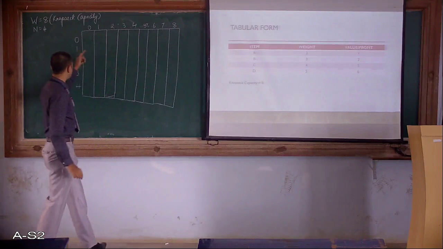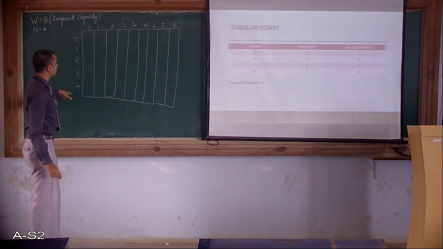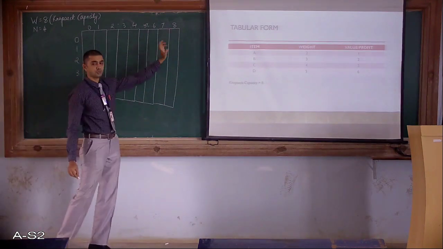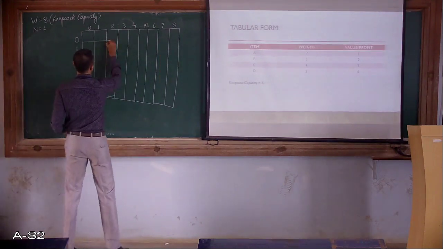So 9 columns and 5 rows. This is n plus 1 rows and w plus 1 columns. So draw this table in this fashion.